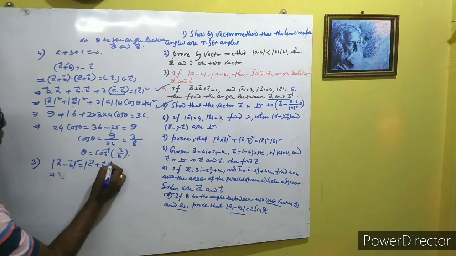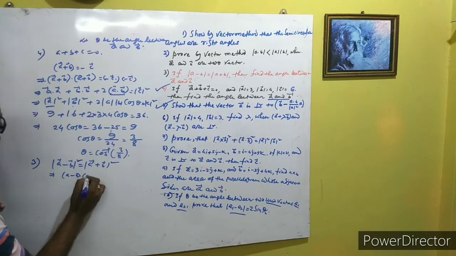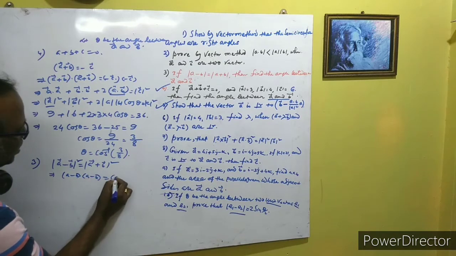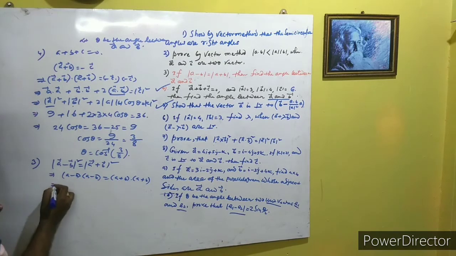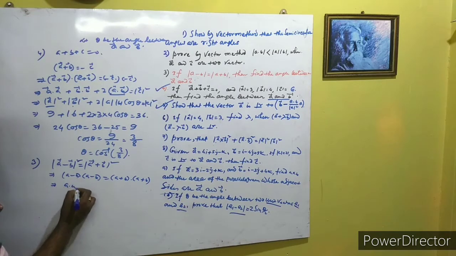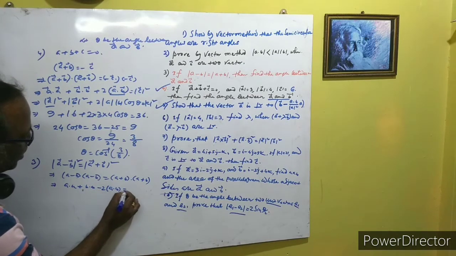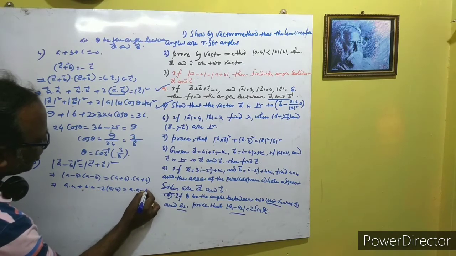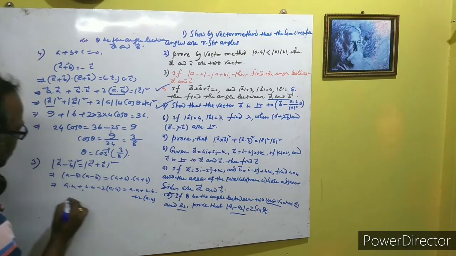That's why we are squaring both sides, and we can apply the dot product: A minus B dot A minus B same as A plus B dot A plus B here. So A dot A, B dot B minus 2 A dot B same as A dot A, B dot B, plus A dot B.